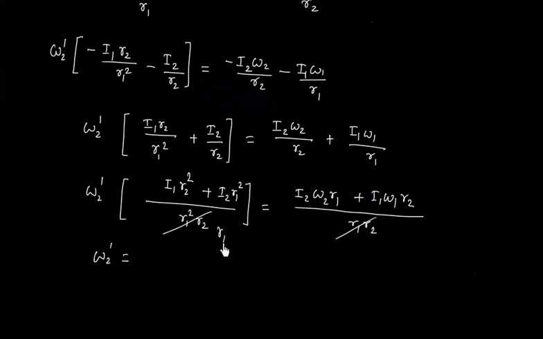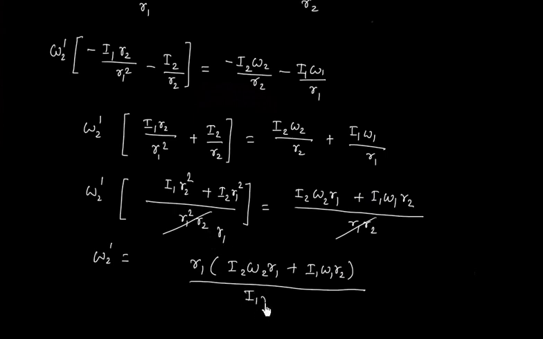So we will have R1. This divided by I1 into R2 square plus I2 into R1 square.